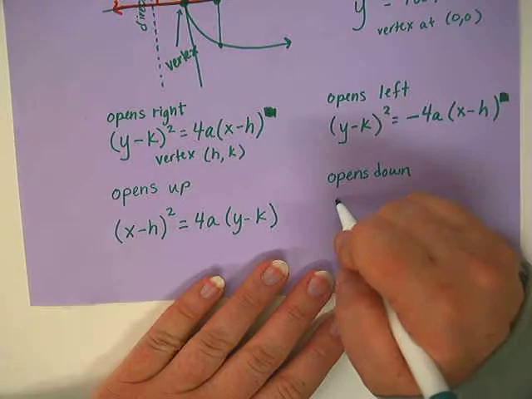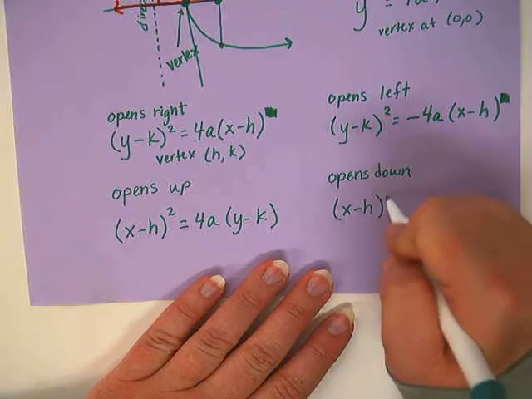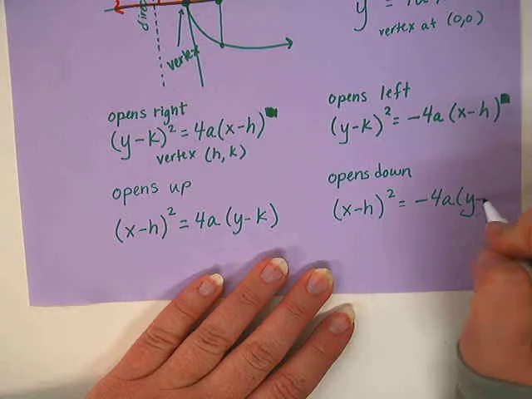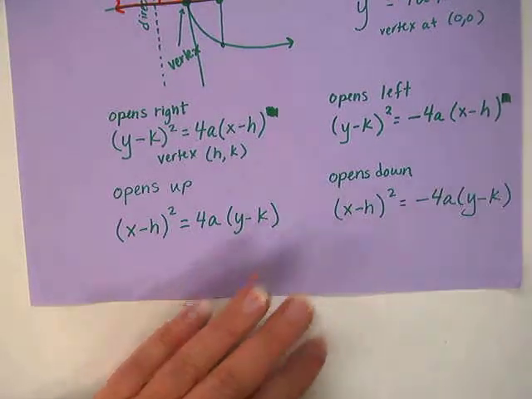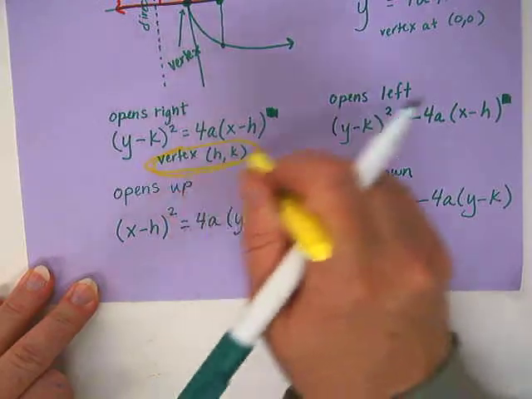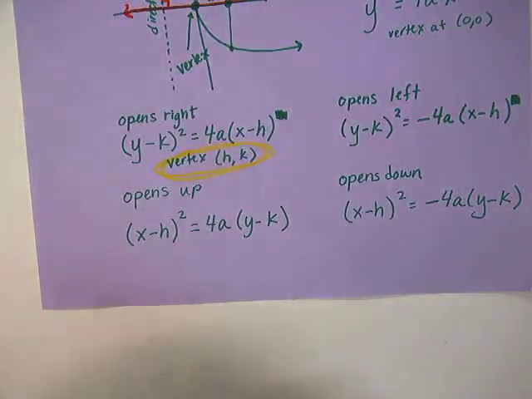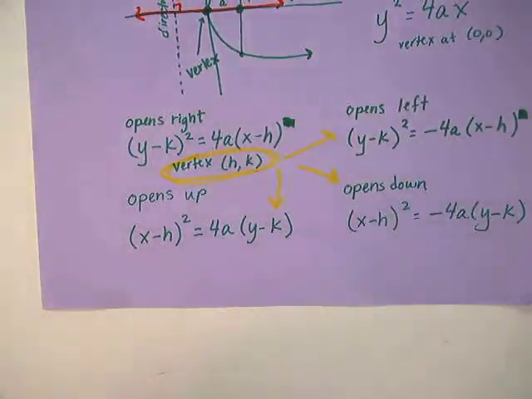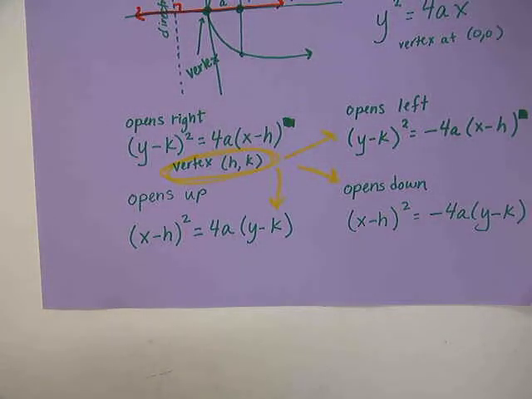And then one that opens downward, how do you think that equation is going to look different? x minus h squared equals negative 4a times y minus k. h, k. The vertex is always h, k. Vertex h, k applies to all four situations.